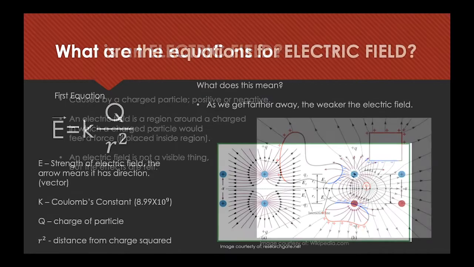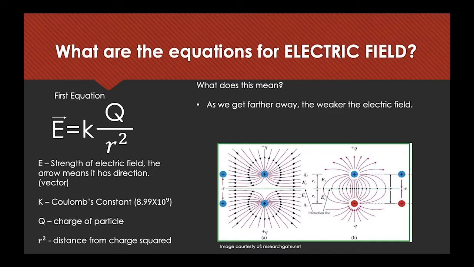Understanding the equations for electric field will help us understand this and wrap our heads around it. So there's two equations. The first equation for electric field is Coulomb's constant multiplied by our charge over r squared. So Coulomb's constant, you can see the value here, times we've got the charge.